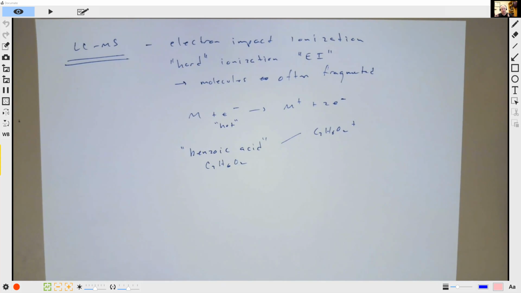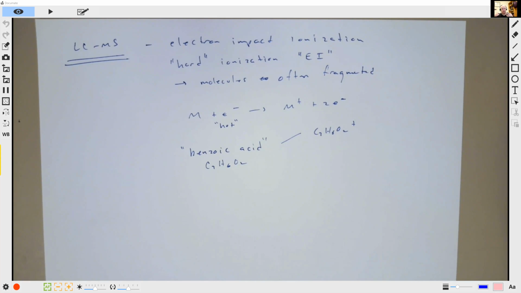It's basically in an expanding jet. It's been introduced into vacuum, and it's not colliding very often with other molecules. The majority of the other gas phase species are helium atoms, right? And so this benzoic acid cation will fly out into vacuum, and then you can analyze it by mass to charge.